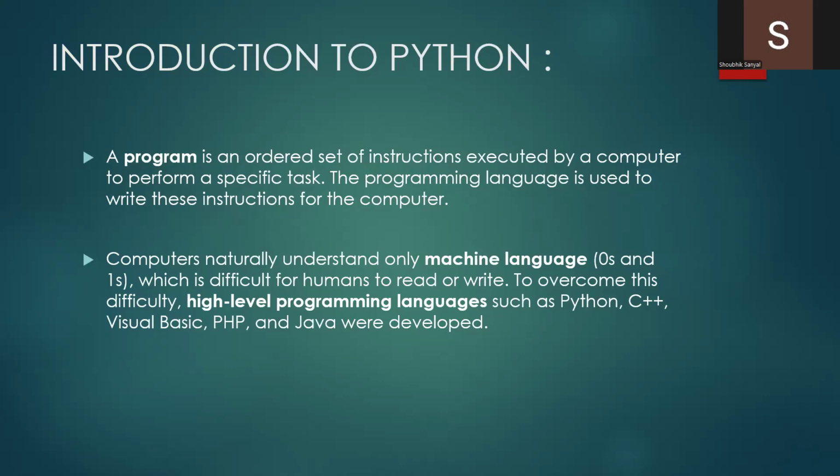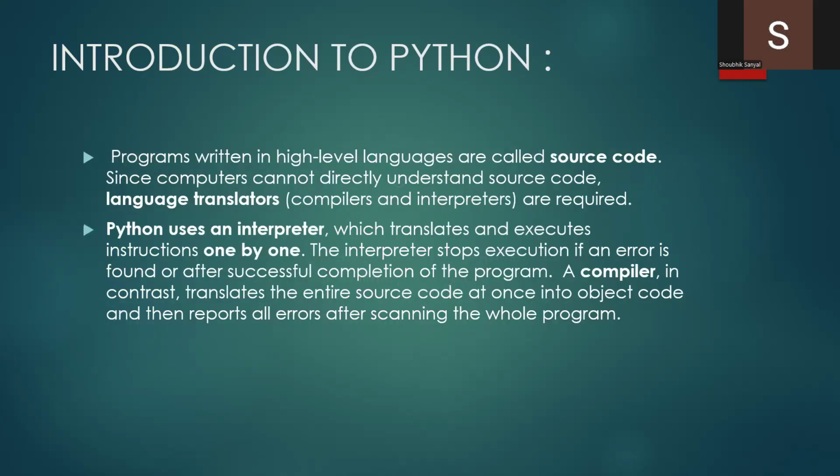So to overcome this difficulty, some high-level languages have been introduced, such as Python, C++, Visual Basic, PHP, Java, etc. The programs written in high-level languages are called source code, meaning each code in a program is a source of information.